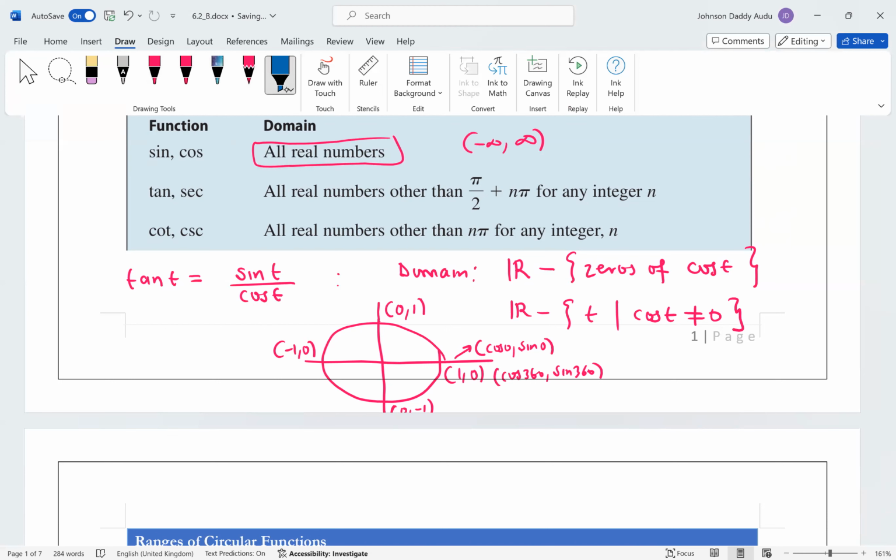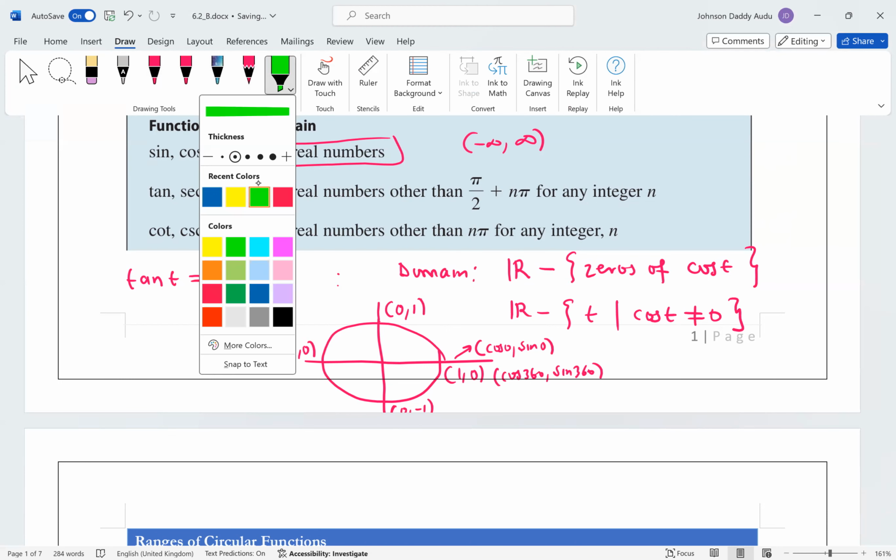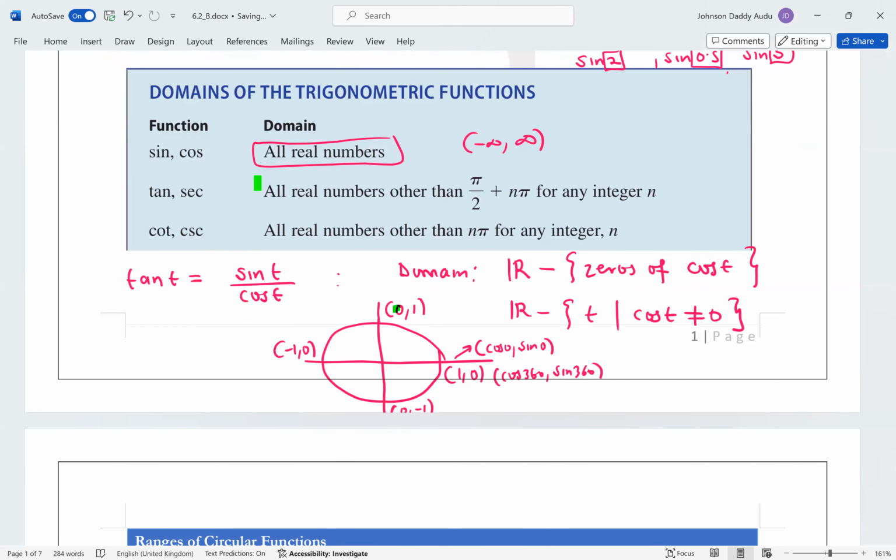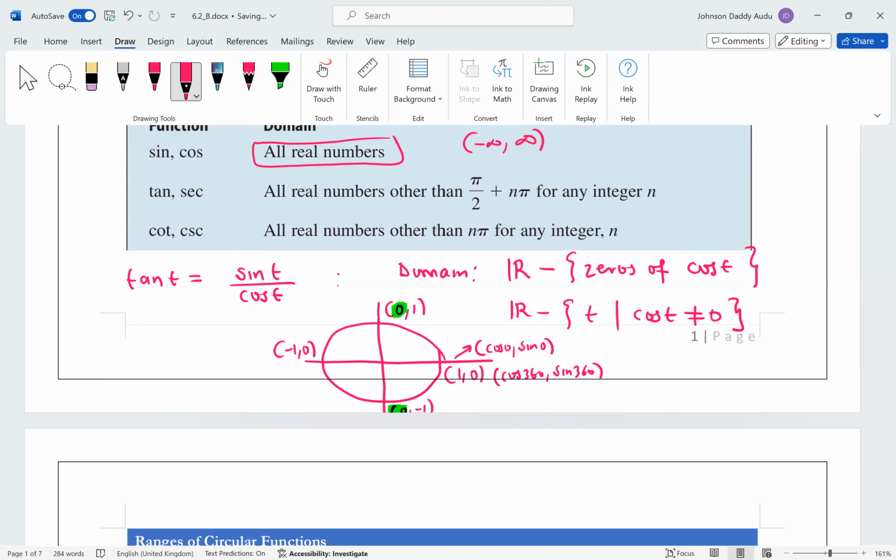Let's look at this point. This one. This is 0, so it means that cosine is 0 here. Where do you have another 0? You have another 0 here. So it means cosine is also 0.